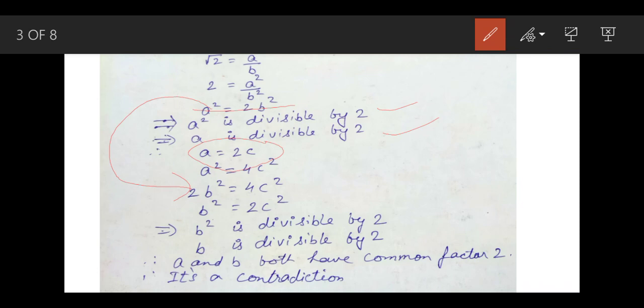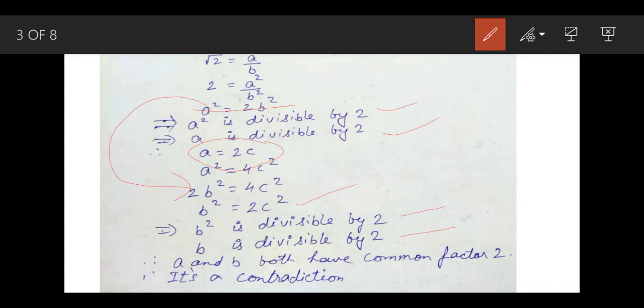So 2 times b square equals 4c square, or b square equals 2c square. It means b square is divisible by 2. If b square is divisible by 2, then b will be divisible by 2.